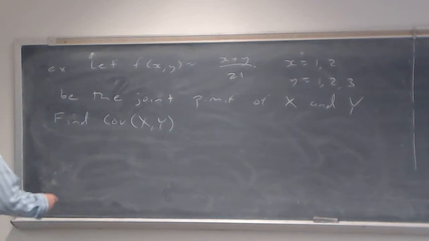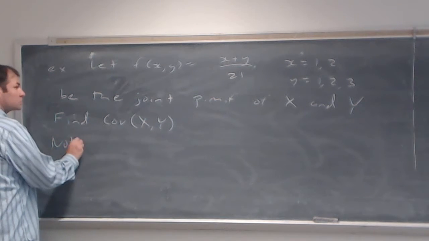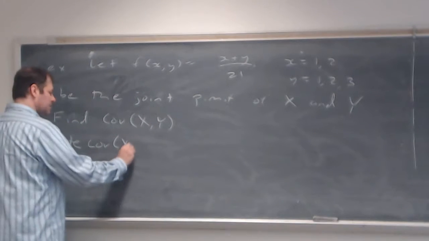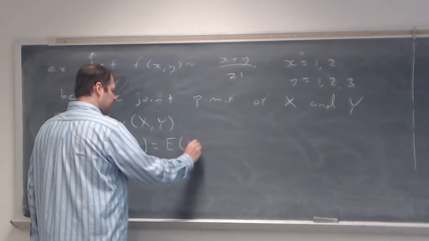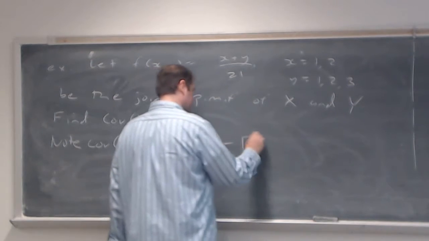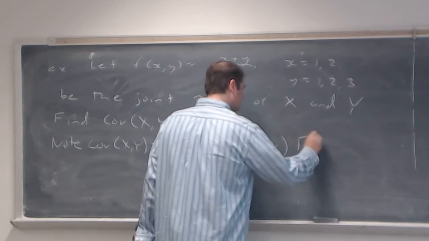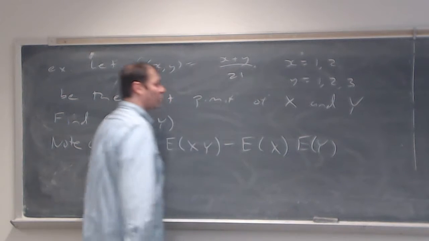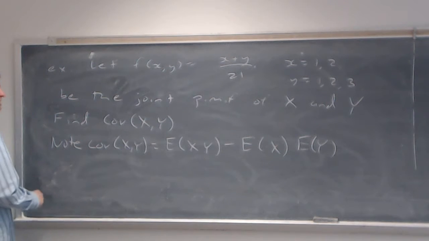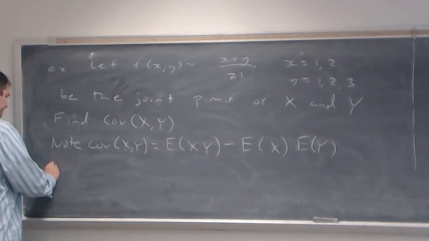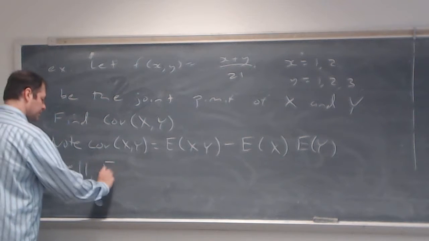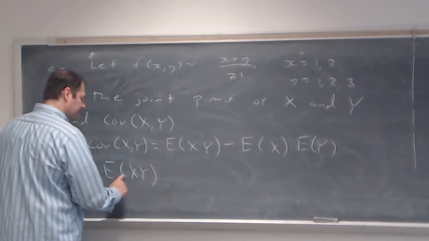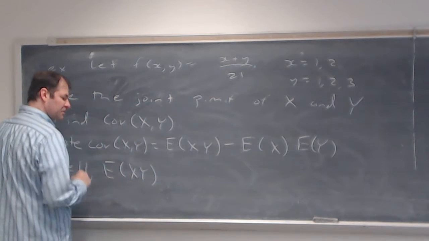So, again, we know the covariance between x and y is going to be equal to the expected value of x times y minus the expected value of x times the expected value of y. By this formula, that's what we use. The expected value of x times y is what I'm going to calculate first. And so this is the expected value of a function of x and y.